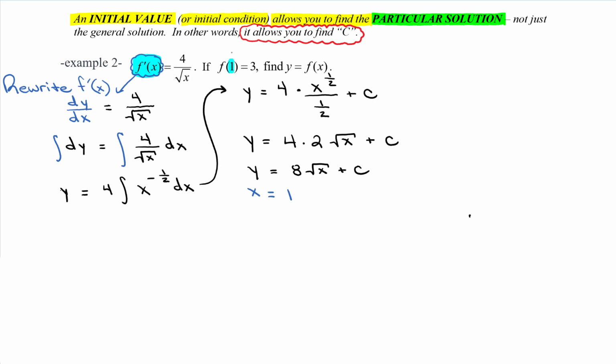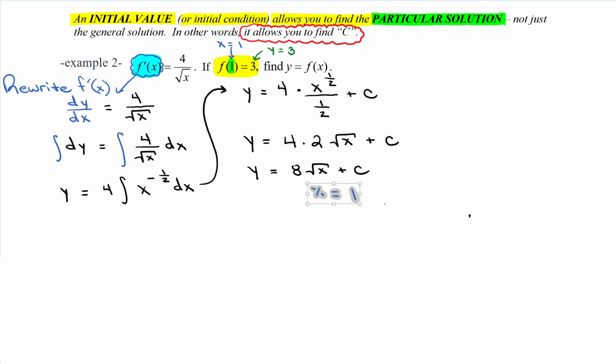So I'm highlighting the 1 in the f of 1 at the very top where it says f of 1 equals 3, and I'm drawing a little arrow pointing at that 1, and I wrote x equal to 1 right above it. Now I'm going to highlight the whole f of 1 equals 3, and I have an arrow pointing at the 3, and I'm going to write y equals 3, because I know that's my y value when x is equal to 1.